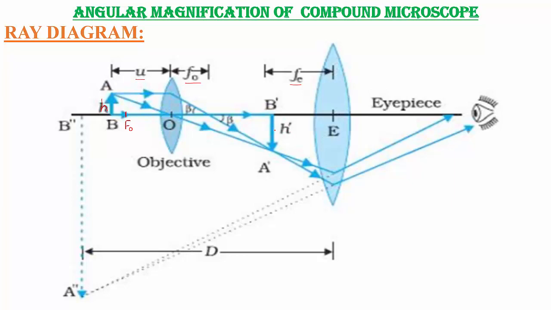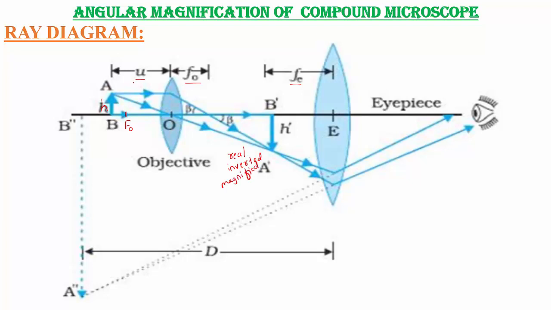You can observe, how is the image A dash B dash here? This image is real because converging of light takes place. So, it is real, and it is inverted because its direction is exactly opposite to the direction of the object. Object is in upward direction, image formed in downward direction, so it is inverted, and also it is magnified.